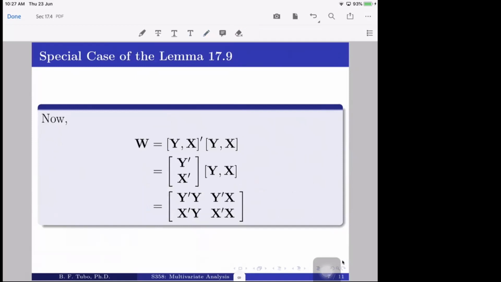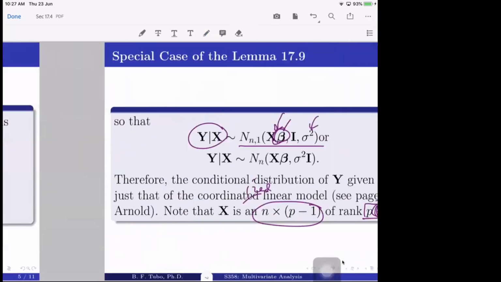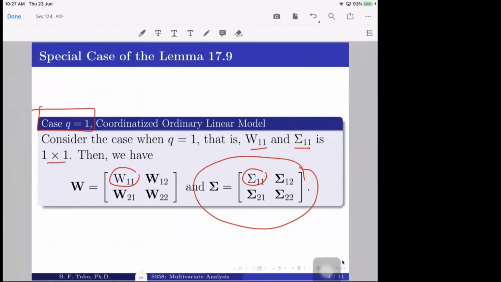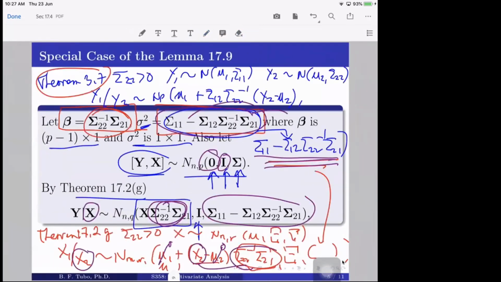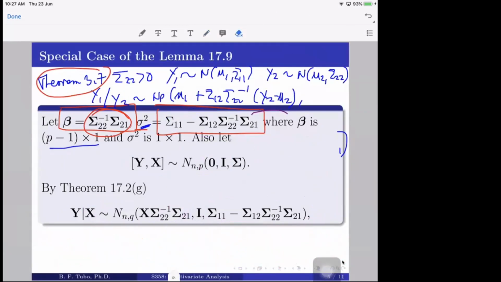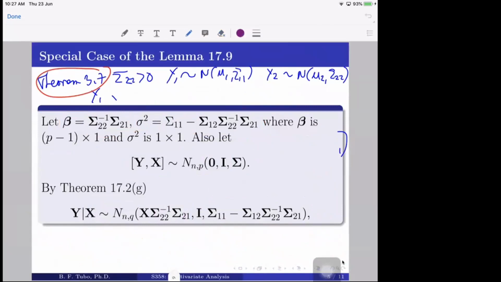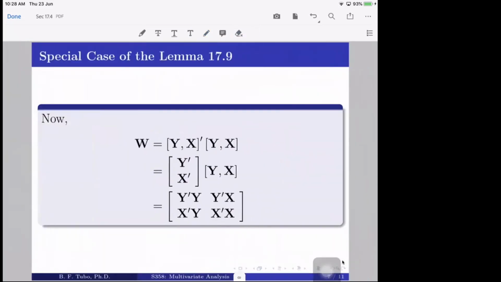So now we look at this, which is our x, this joint. Okay, this will be our x. So we try to do an x prime x to check for a Wishart distribution.